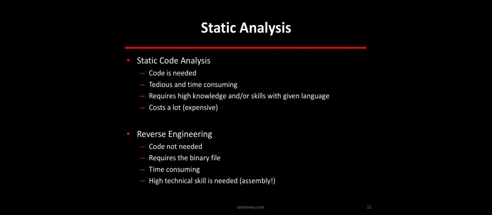For example, if you're statically analyzing some C++ code, you really must have a good understanding of C++ to be able to analyze the code. I wouldn't say it's a must, but it's definitely an advantage over someone who doesn't have that.